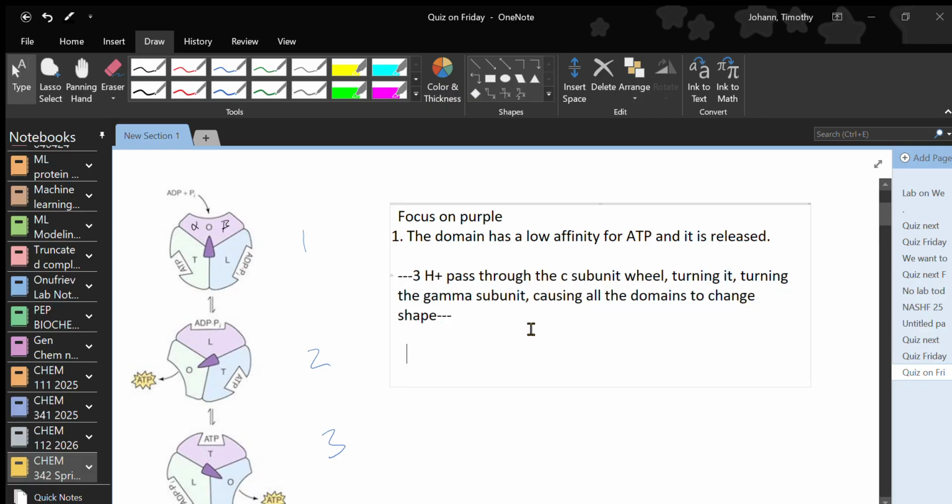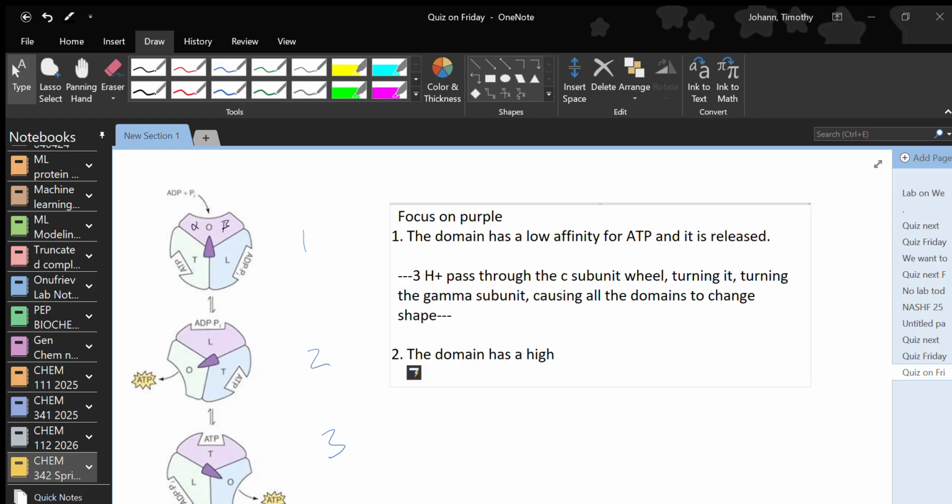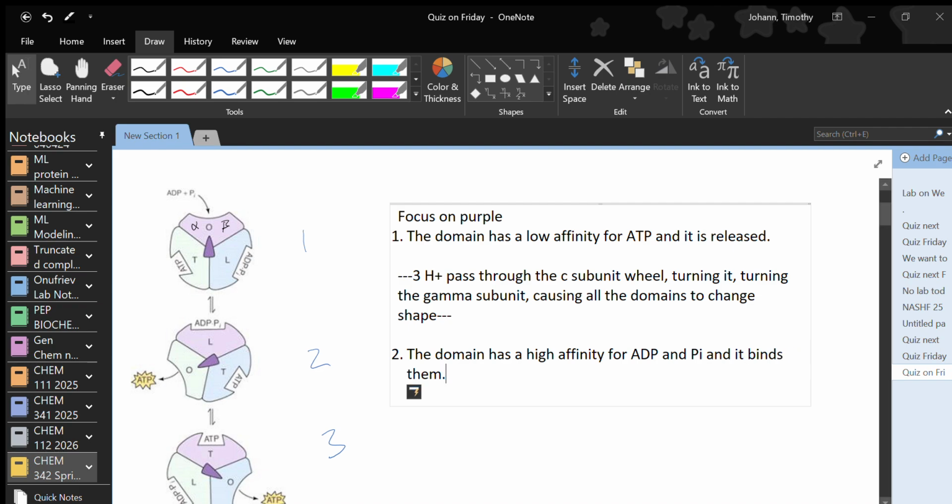So then we get to 2. All right, at 2, the domain has a high affinity for ADP and phosphate, and it binds them. Each time, we'll just paste in this thing.